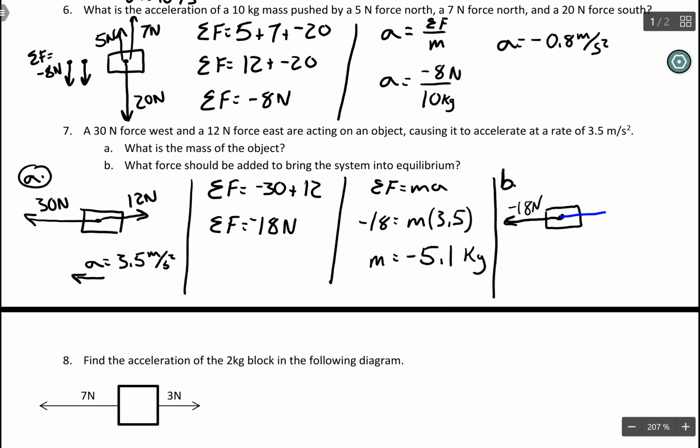Then the equilibrium must be brought on by making a positive 18 Newton force to the right. Now this thing is balanced out. So what force should be added to bring the system into equilibrium? 18 newtons east.